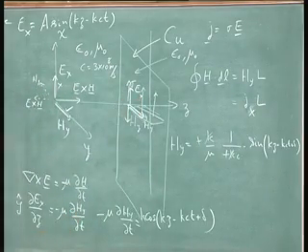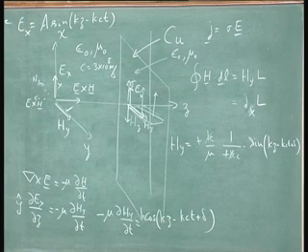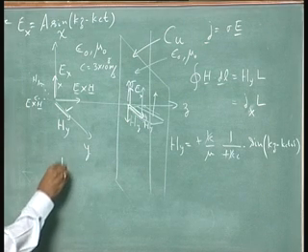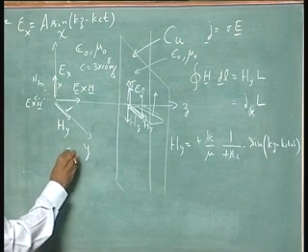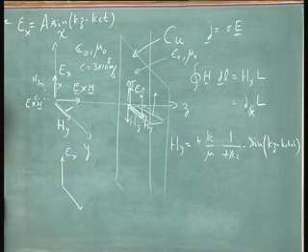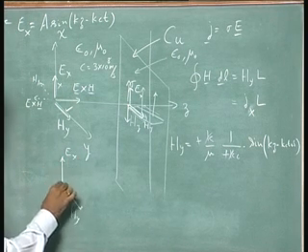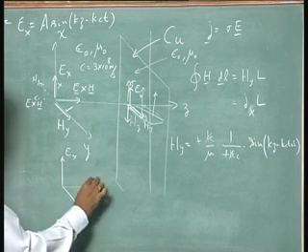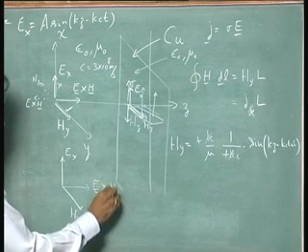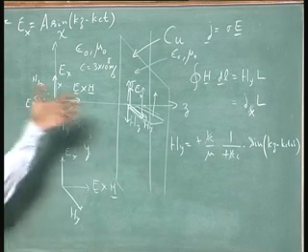Let me repeat that. If I have the electric field pointing up, Ex, magnetic field pointing sideways, Hy, X cross Y is Z, so I get E cross H in the positive Z direction. Wave is moving forward.